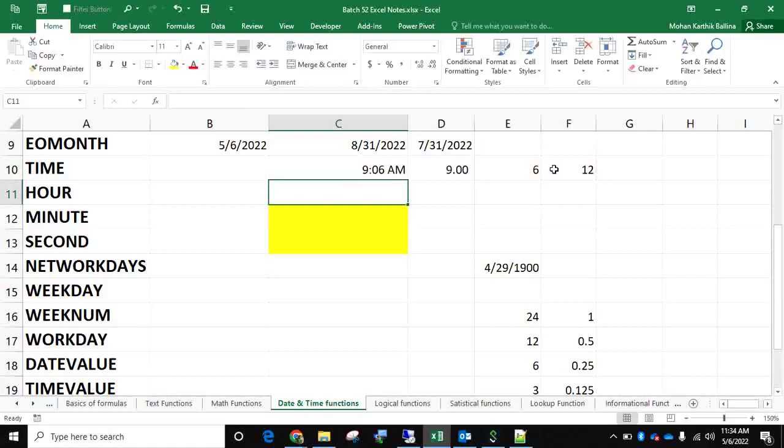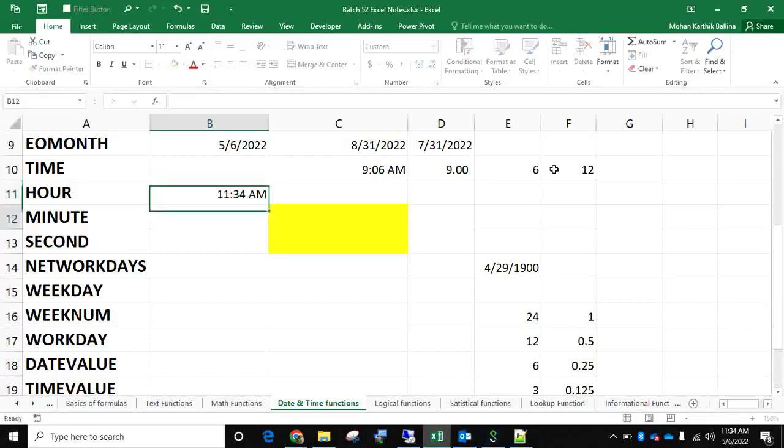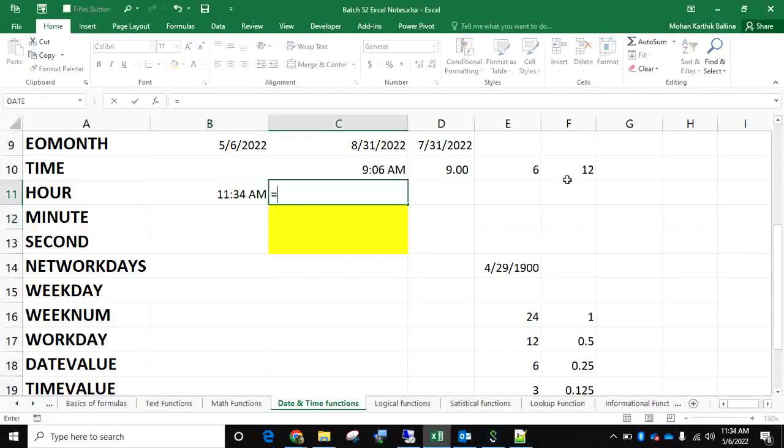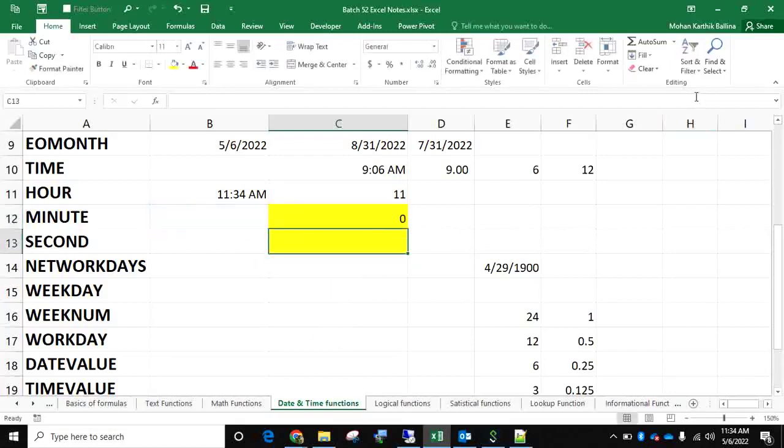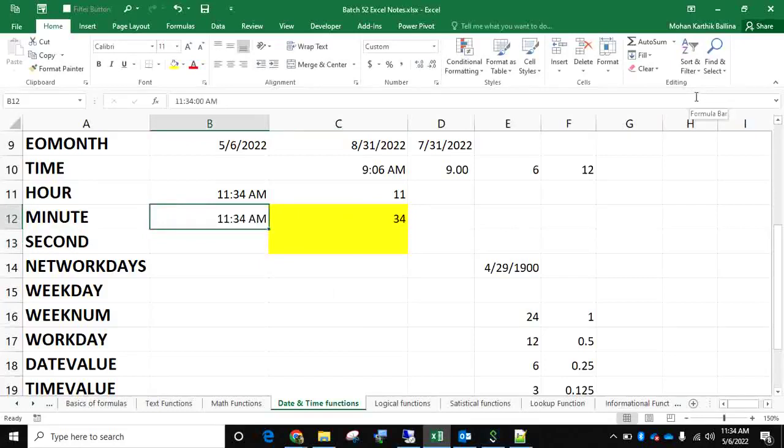Okay, we did it for date like that. Similarly, you can also retrieve the hours from a time, 11 hours. You can also retrieve minutes, 34. Also you can retrieve the seconds. You can practice.